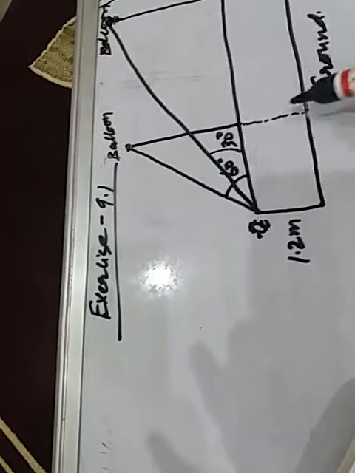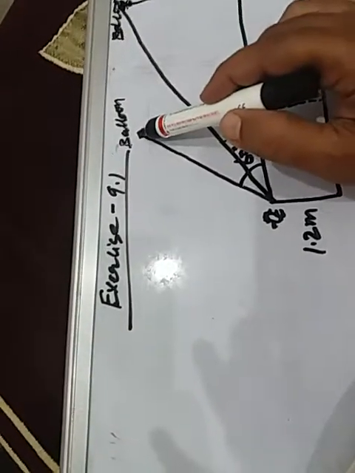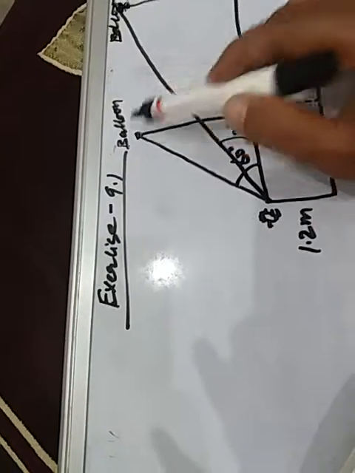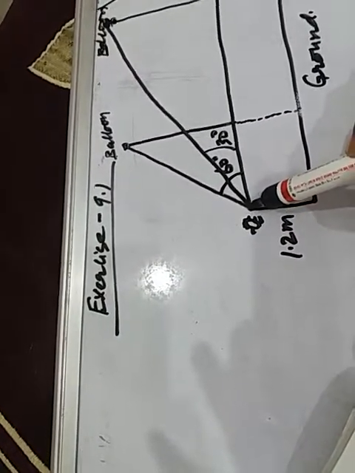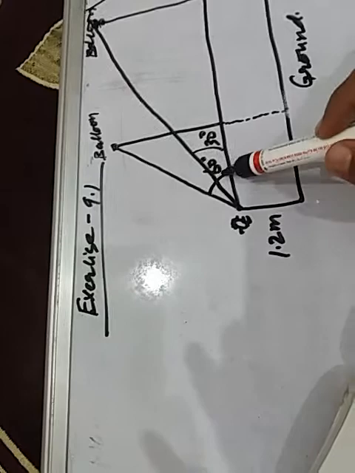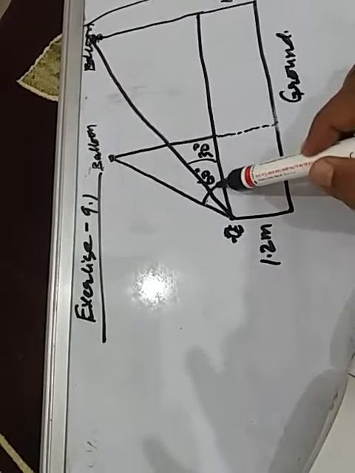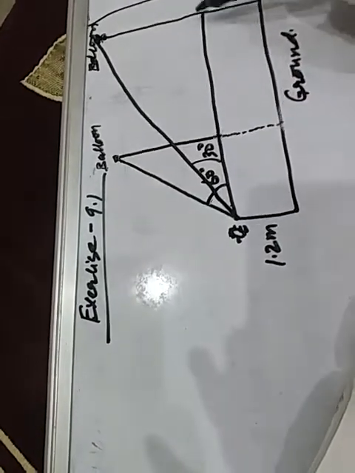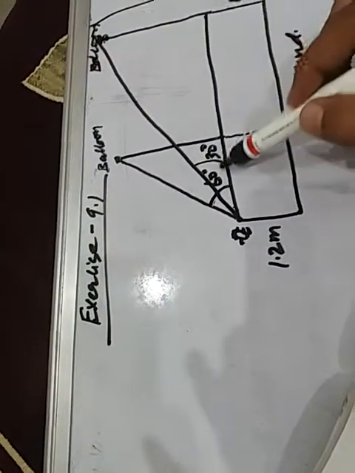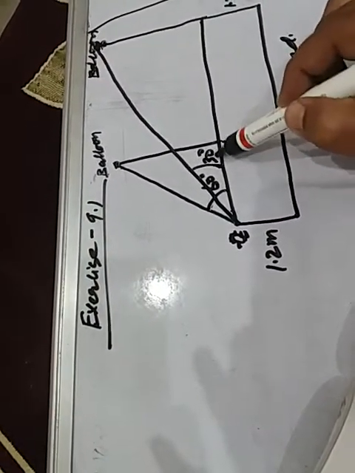Is there any doubt? When the balloon was here, at the starting position, the angle of elevation of the balloon at the observer's eye was 60 degree. Clear? And when the balloon reached this position with the wind, at the same height, the angle of elevation became 30 degree.